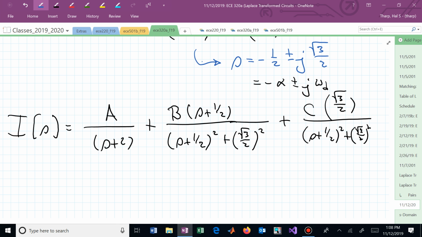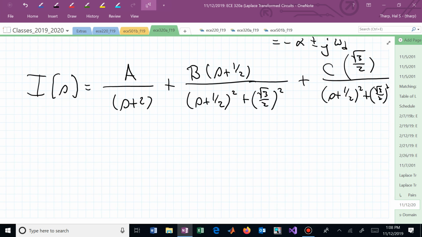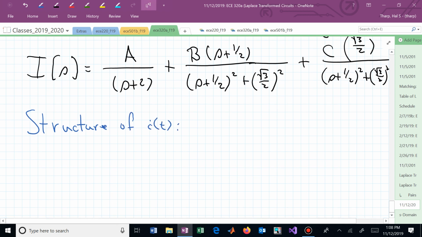The answer is yes. But here, if I just wanted the structure, I could say, oh, i of t is going to be A e to the minus 2t. Now the structure involves e to the minus 2t. You have to show me that.